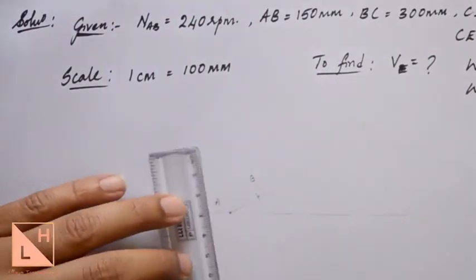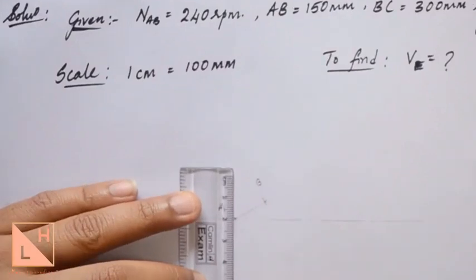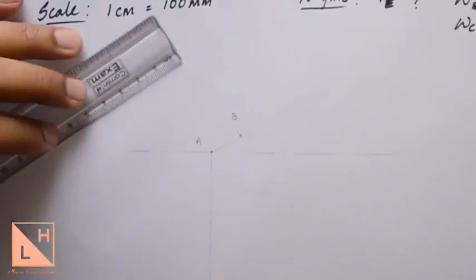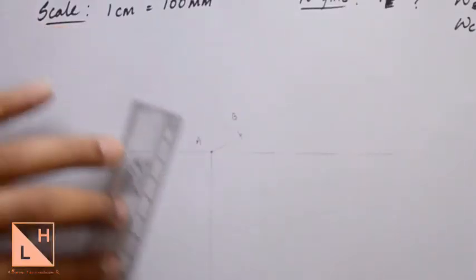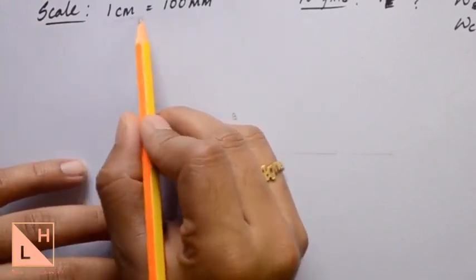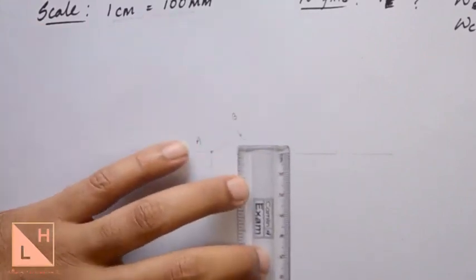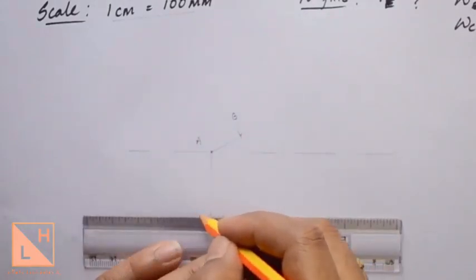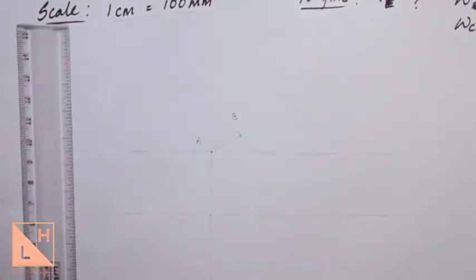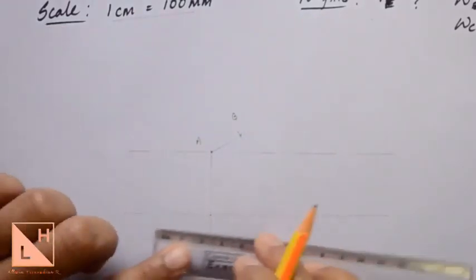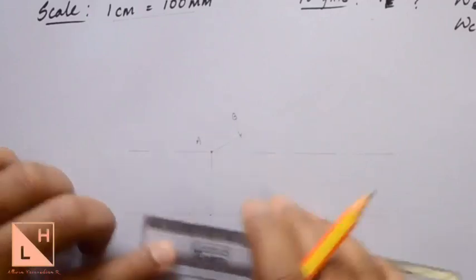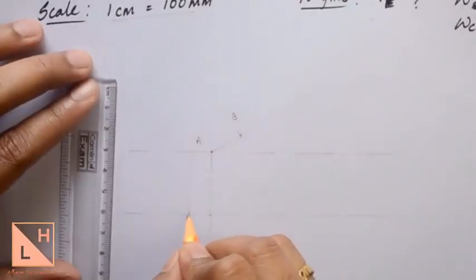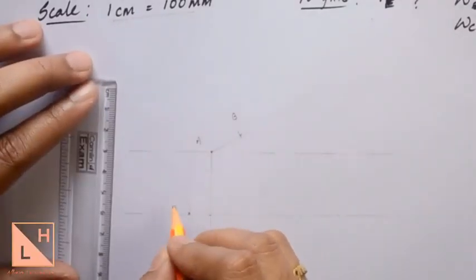So we'll draw one vertical axis from point A, and draw another horizontal axis at a distance of 300 mm. 300 mm according to our scale will be 3 centimeters. Now point D is found at a distance of 100 mm from the vertical axis. So 100 mm means 1 centimeter. This point will be the point D.